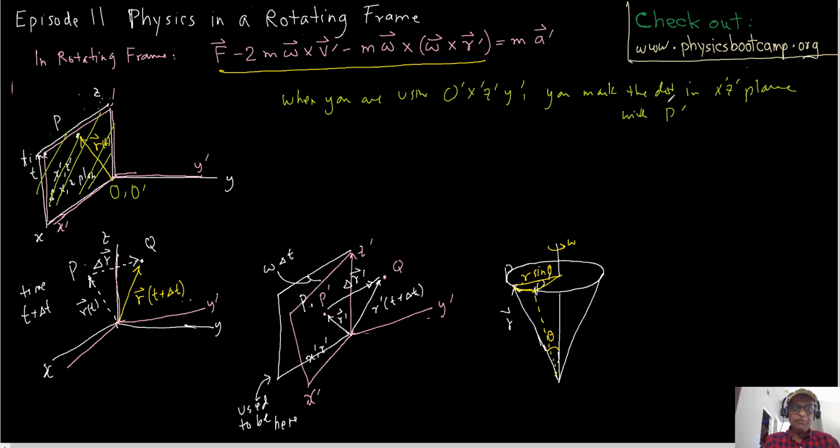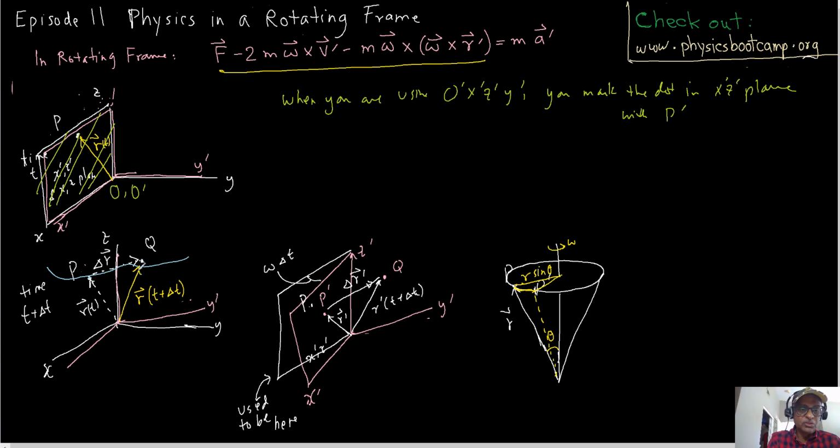But at time t plus dt, the particle has moved. Maybe it's kind of moving like this. So it moved from here to there. At a little bit later time, it's over here. You notice in the fixed frame that your new position vector is this, the old position vector is this.